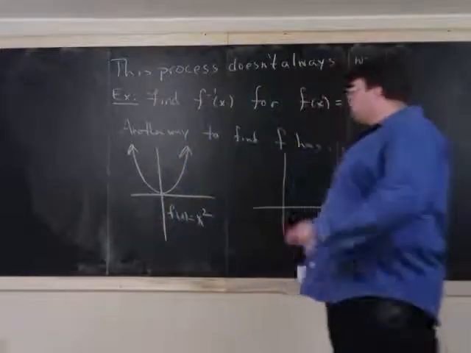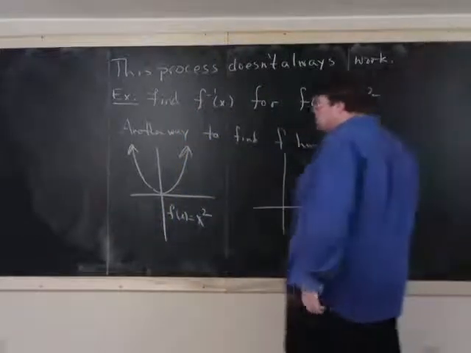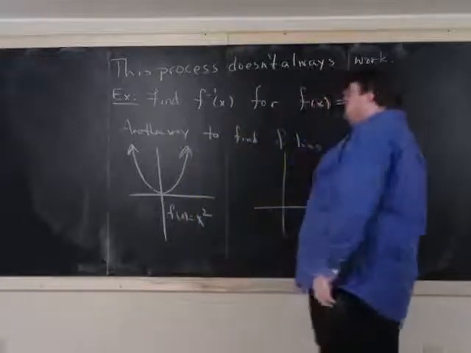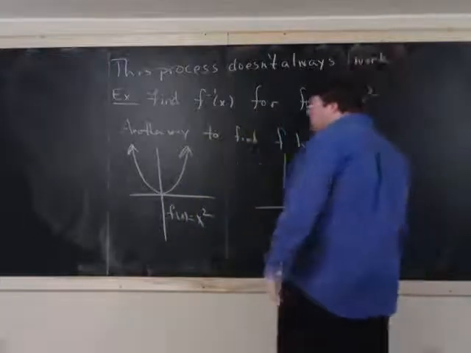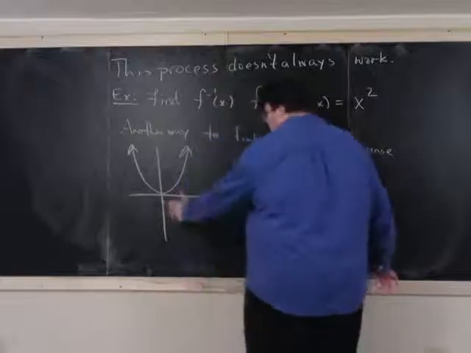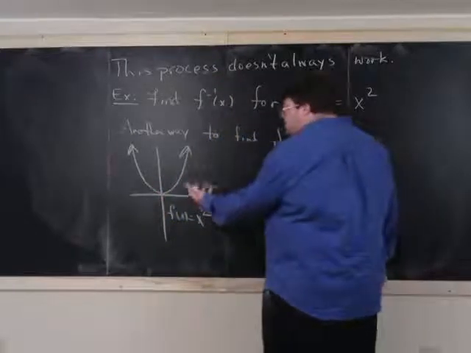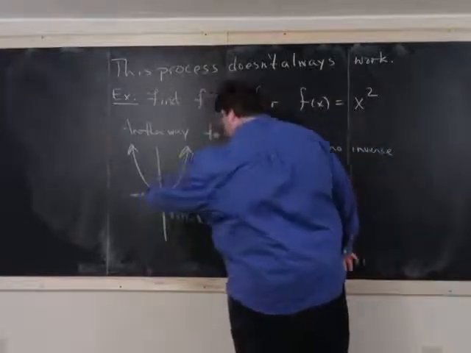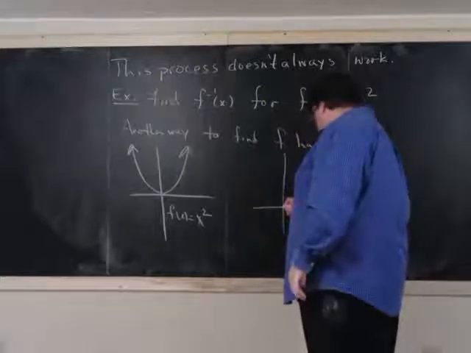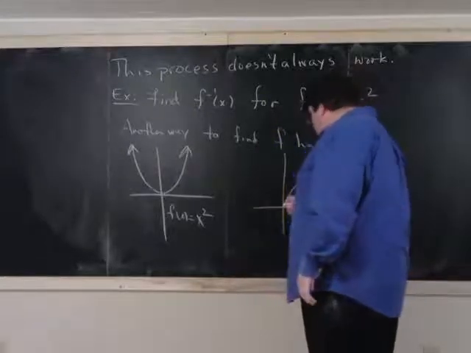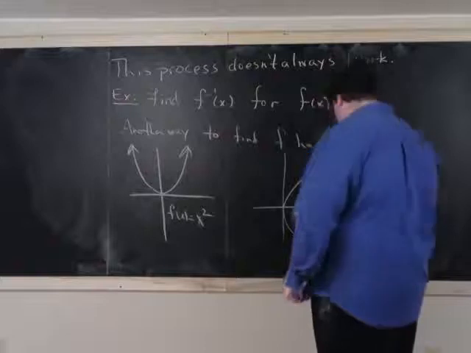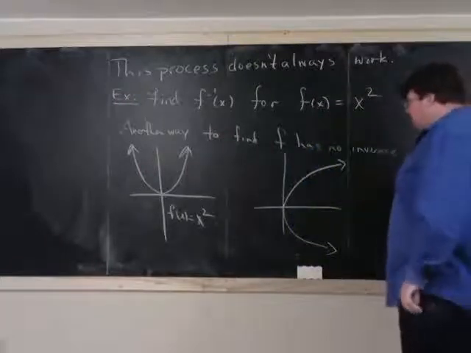We take the line y equals x, slope 1, y-intercept 0, and we flip this function over that line. So right here, this point at 0, 0 is going to be the same, but the rest of this gets flipped over the line. And what does that look like? That would look like this.